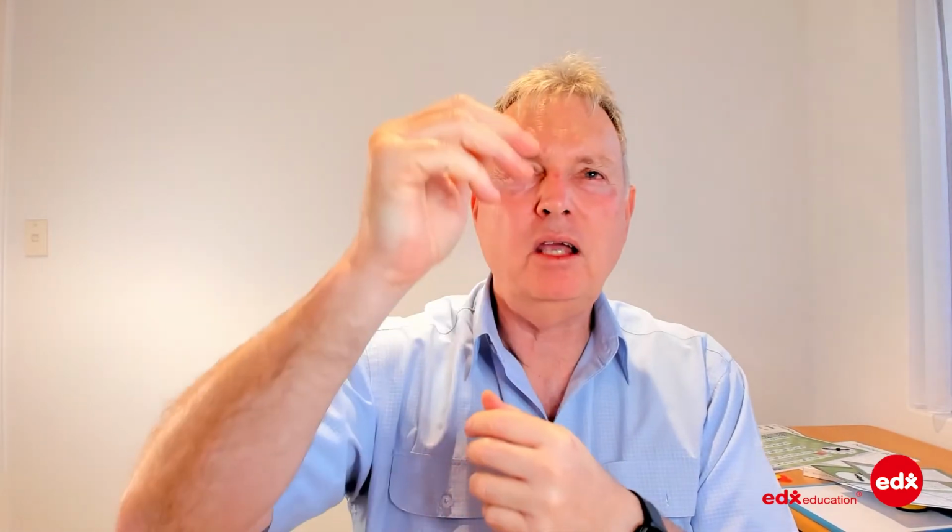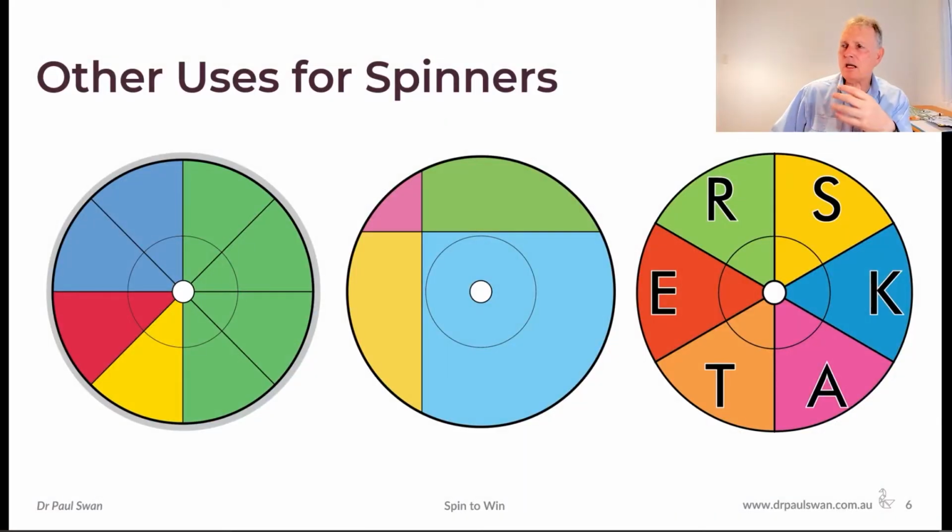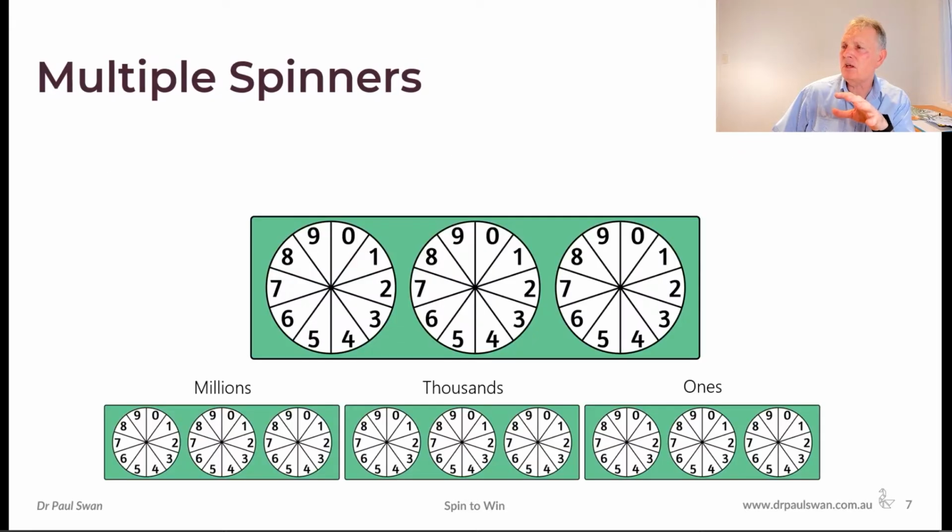Or in the arrays game, you have 2 spinners that go 0 to 9. Let's talk about numbers and the way we talk about numbers a little bit, and I'll show you a different example of a spinner. We just looked at those ones, but now we might look at this idea. Now we put 3 spinners together, and if we spin that up, we might get a number like 874.